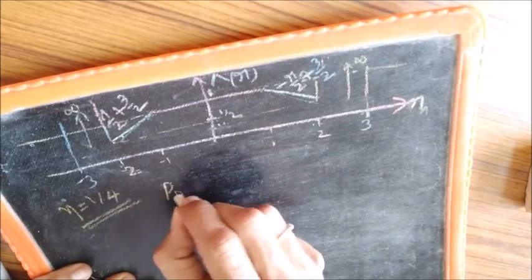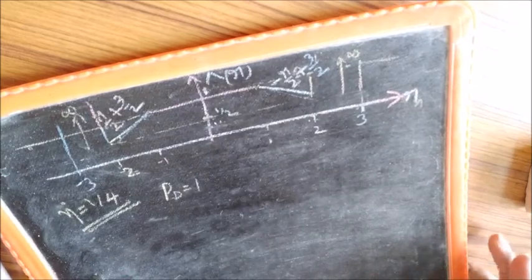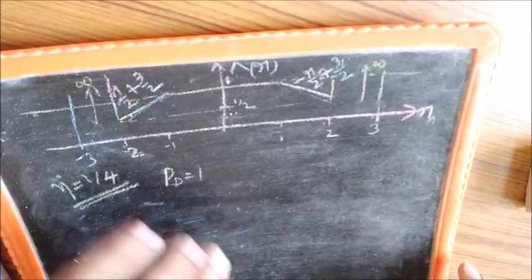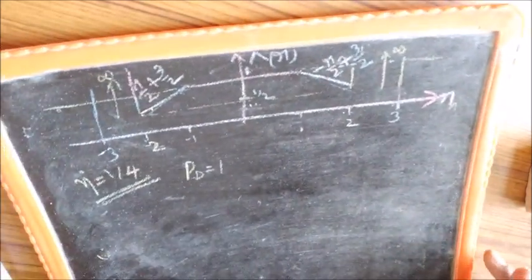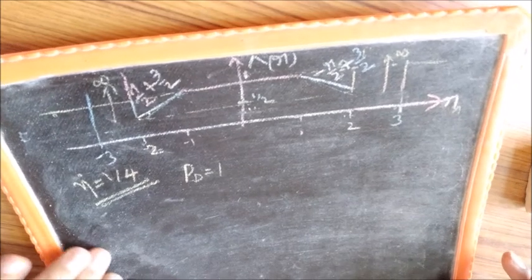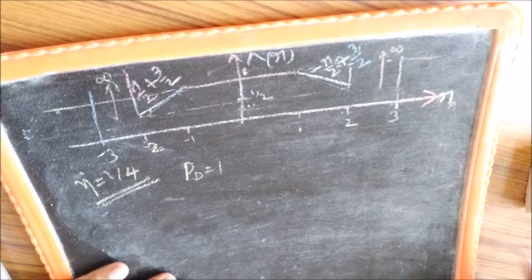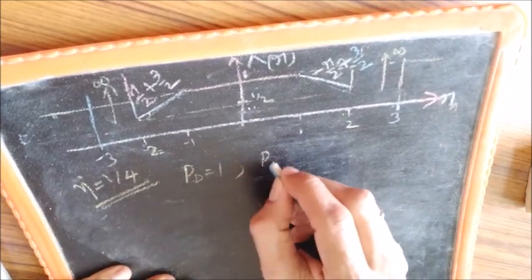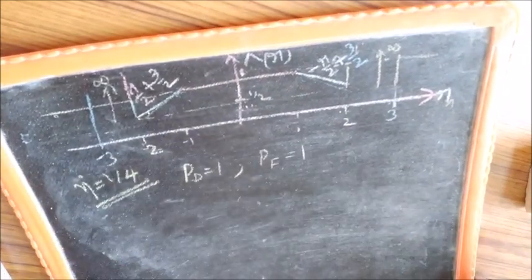So probability of detection is 1, because you are always declaring H1 is the true hypothesis, which means that whenever H1 is the true hypothesis, you are saying H1 is the true hypothesis. You are always saying H1 is the true hypothesis.